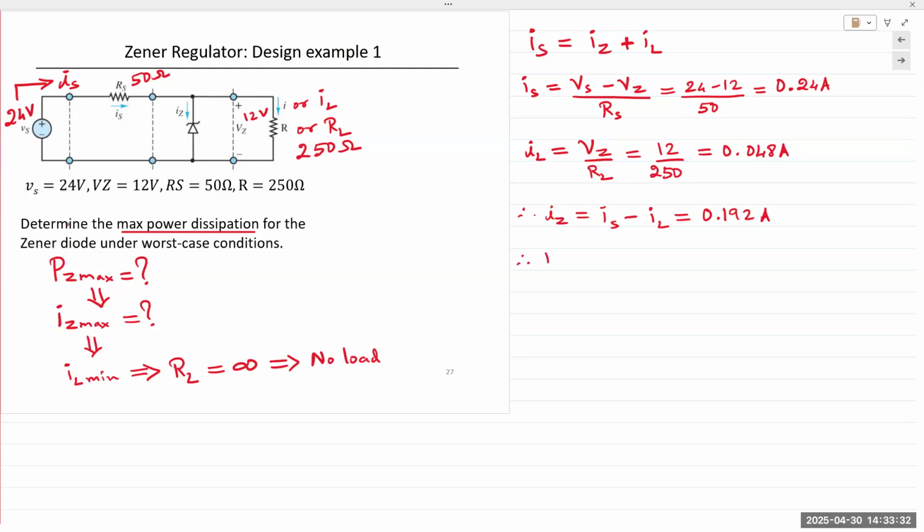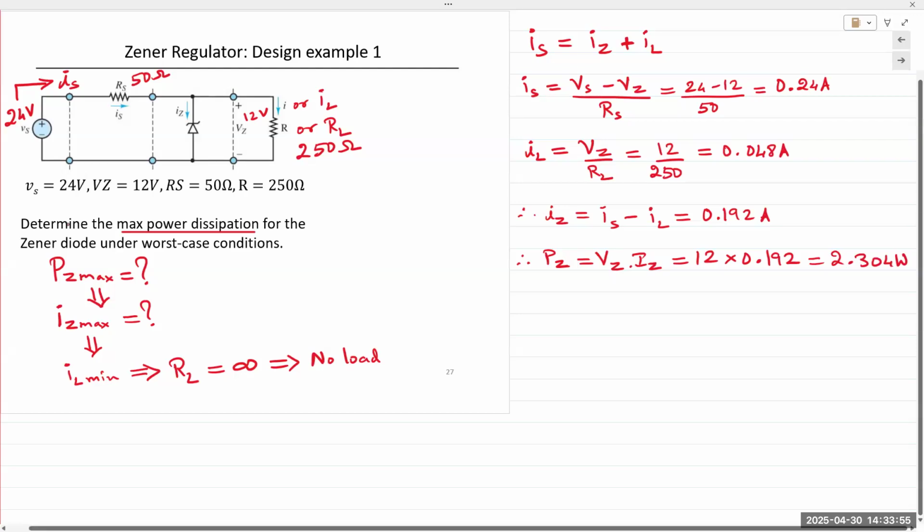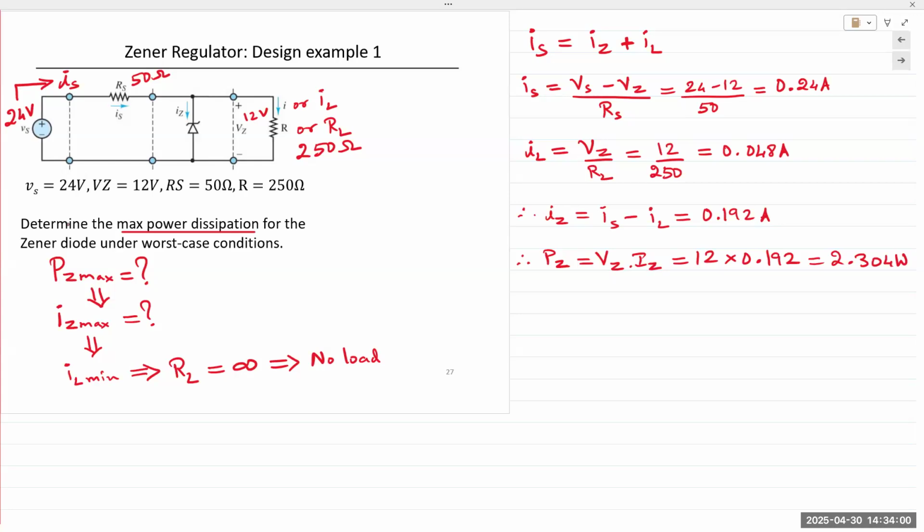And therefore, the power dissipation in the Zener diode as given is VZ times IZ, 12 times 0.192, and that is 2.304 watts. Okay, 2.304 watts. This is not yet worst conditions, right? This is with the load. Load is 250 ohms. Worst case is just coming up next.